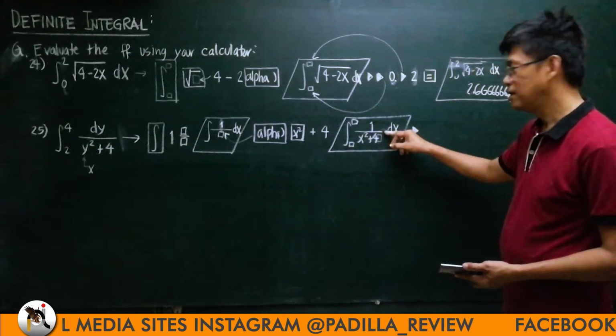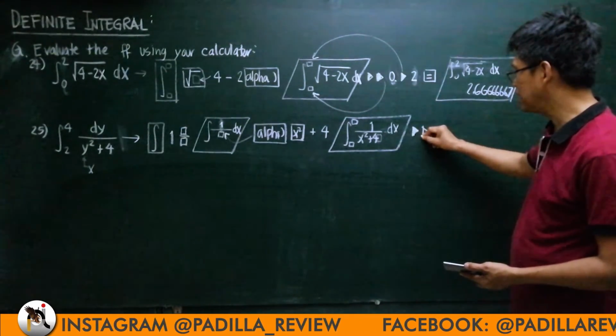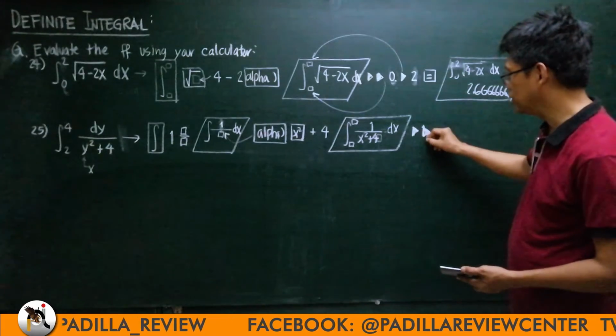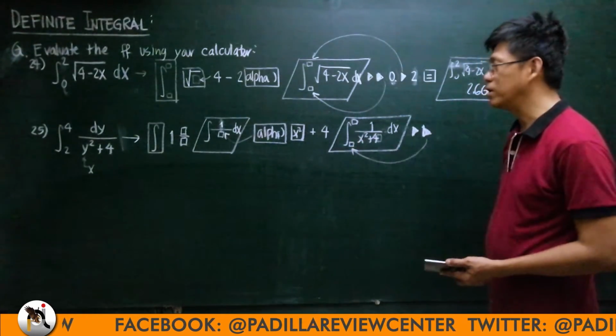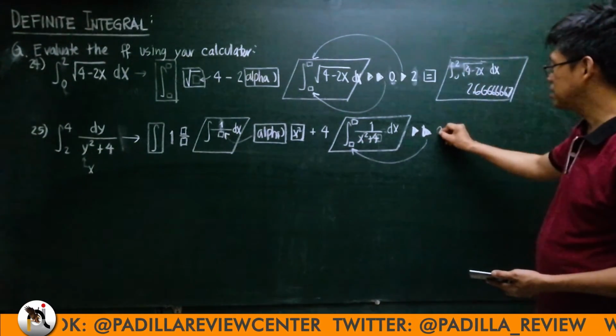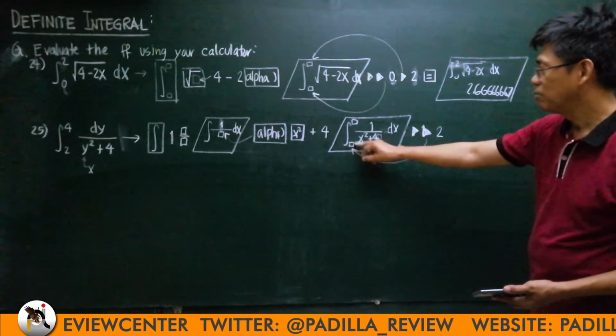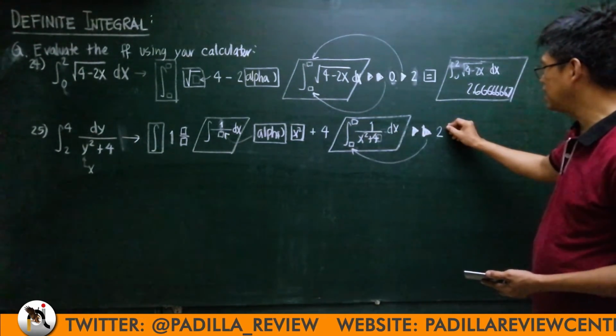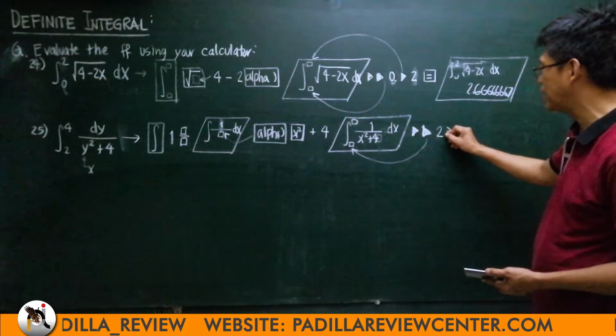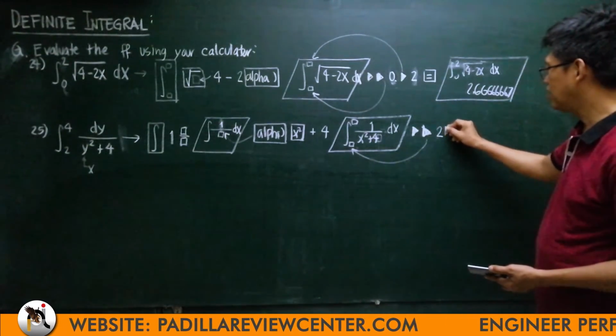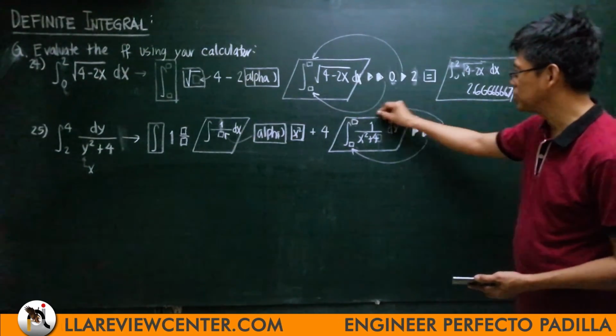Then press the right arrow key again to bring it to the lower limit space. Then press 2 for the lower limit, and bring it up by pressing either the right arrow key or up arrow key. Okay? So press this and that brings you to this.